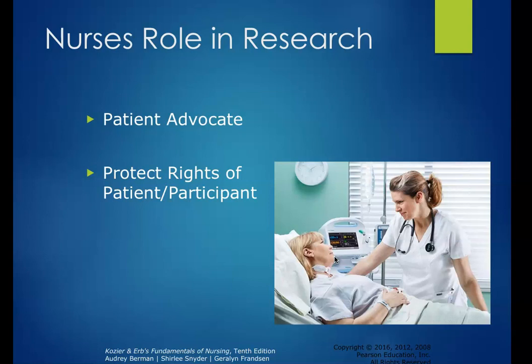Another example is the Havasupai Arizona Indian tribe. They had blood drawn for studying diabetes, and it was used for additional research regarding genetic tendencies, and they didn't have permission. Some of you may have read The Immortal Life of Henrietta Lacks. I used that before in my transcultural nursing course in the summer.